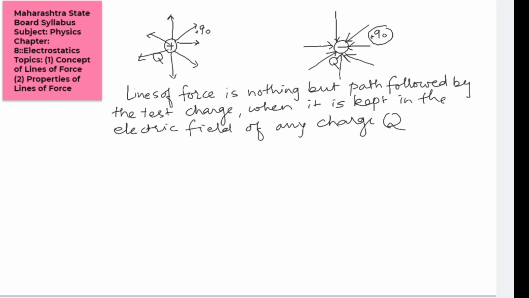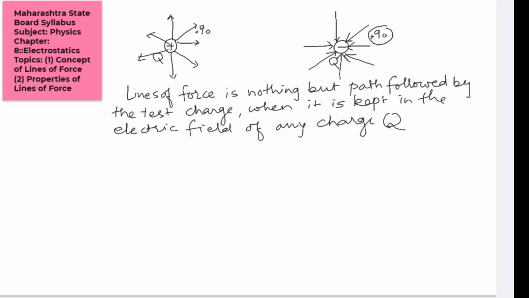When the test charge is kept in the field of a positive charge, you will get the repulsive lines, the lines which are away from the positive charge. And when the test charge is kept in the field of a negative charge, you will get the lines which are towards the negative charge. So these lines represent the path followed by the test charge when it is kept in the electric field of the charge Q, either positive or negative.